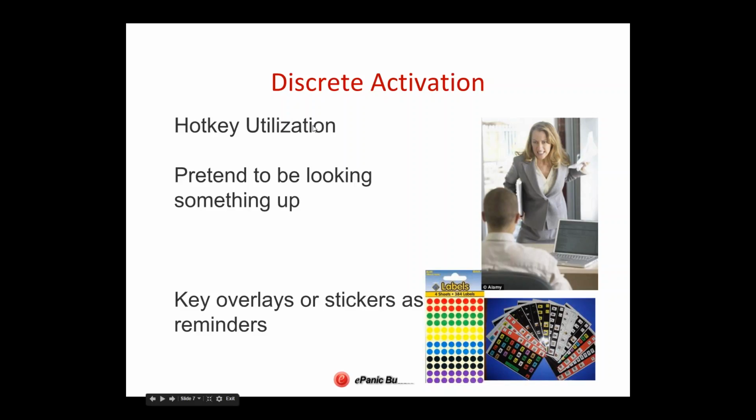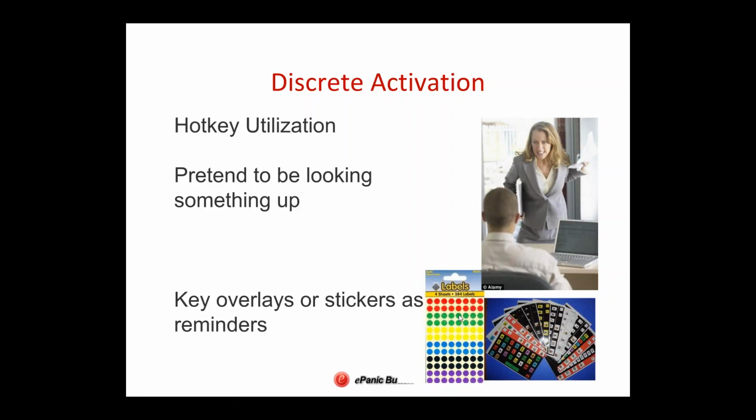Now, ideally, you can set it to anything you want, like Control F5 or Alt 7 or whatever. But if most of your staff don't recall it, what other folks have done is put little labels. You can get overlays. We used to even have these ePanicButton logo ones, and if that's a request, we can sure make a whole bunch more. But just as simple, you go to the dollar store and get little stickers.